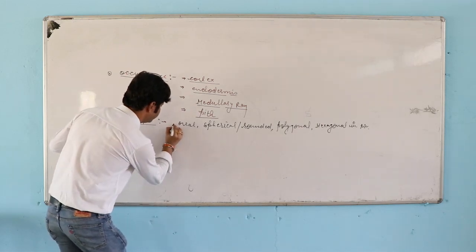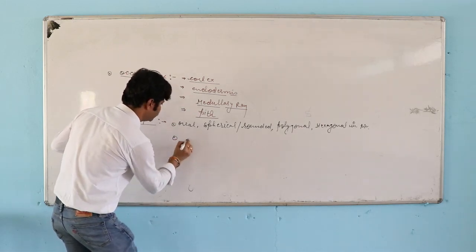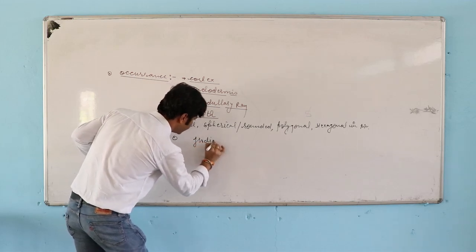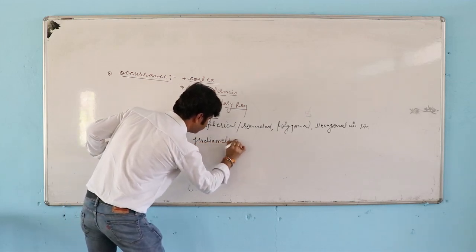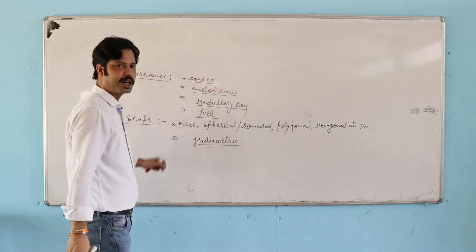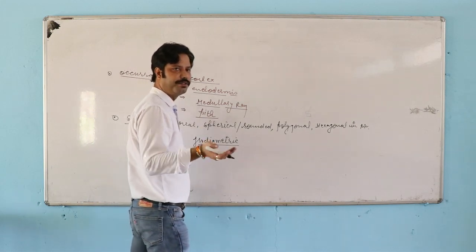These are isodiametric. Isodiametric means the diameters of these tissues are similar, length and width are similar.